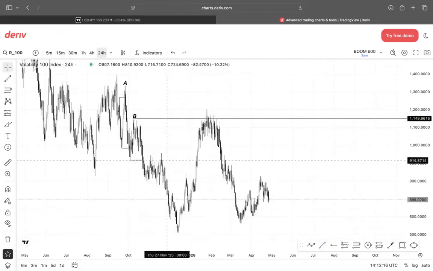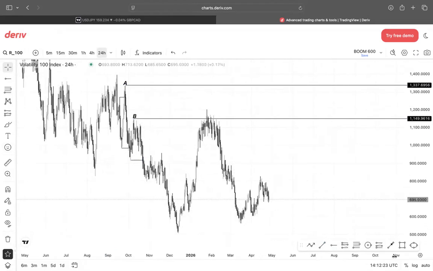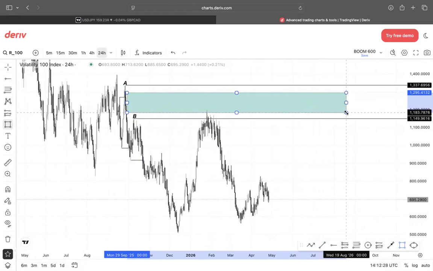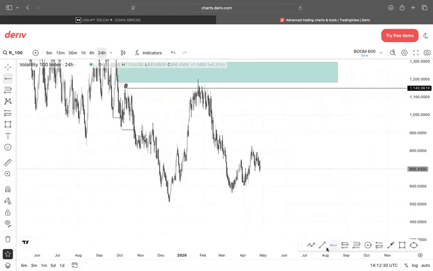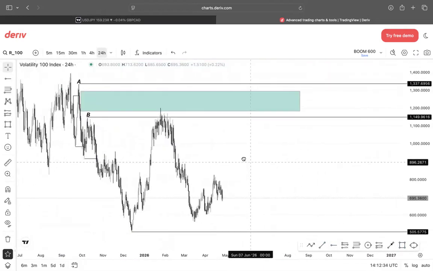So in between A and B becomes our POI. Price tapped on our POI, and then we have C as our target, which is here. So now we have a valid top-down analysis.